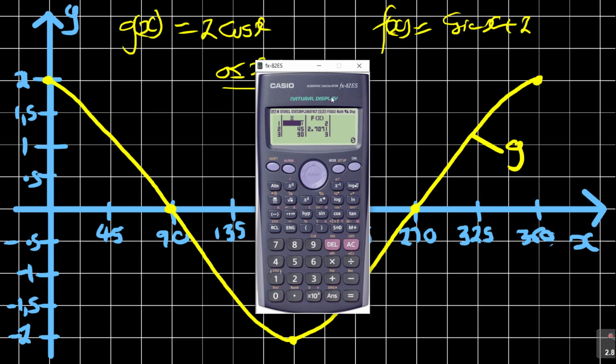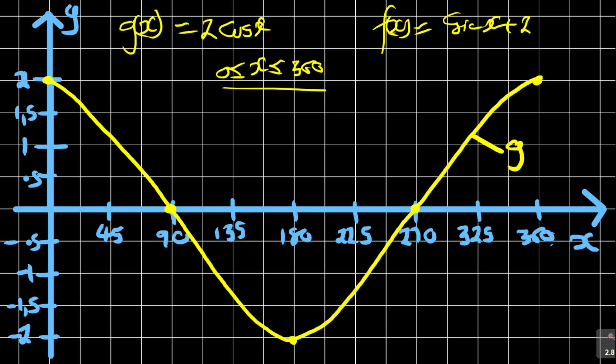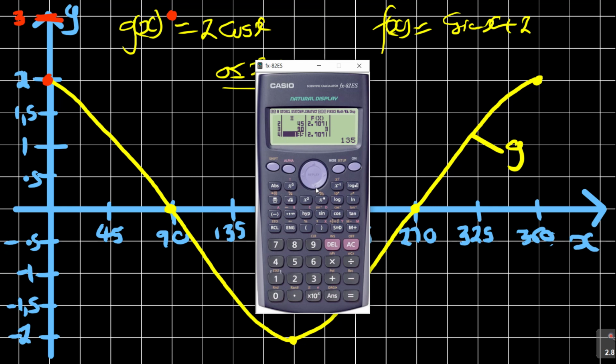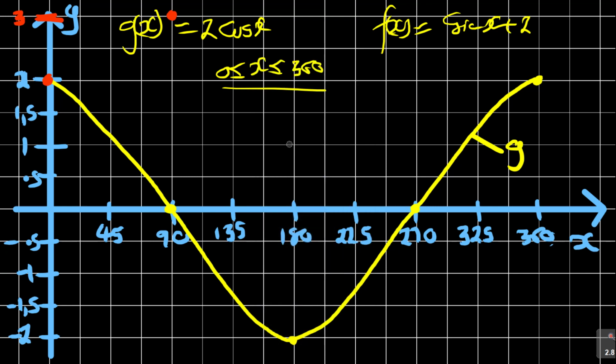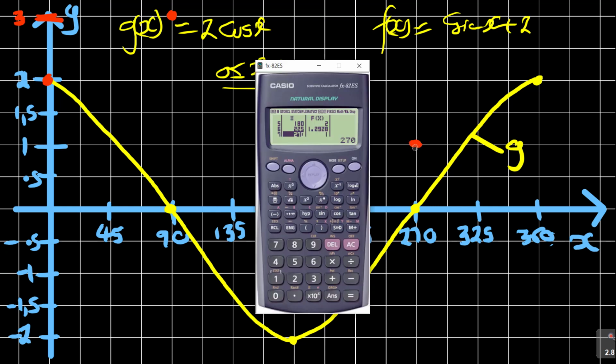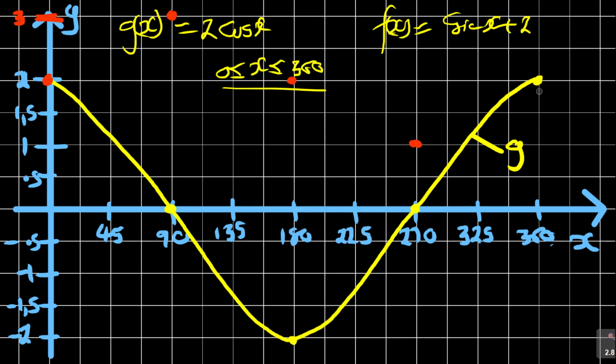So 0 is 2, 90 is 3, 180 is 2, 270 is 1, 360 is 2. So there it is. It turns.